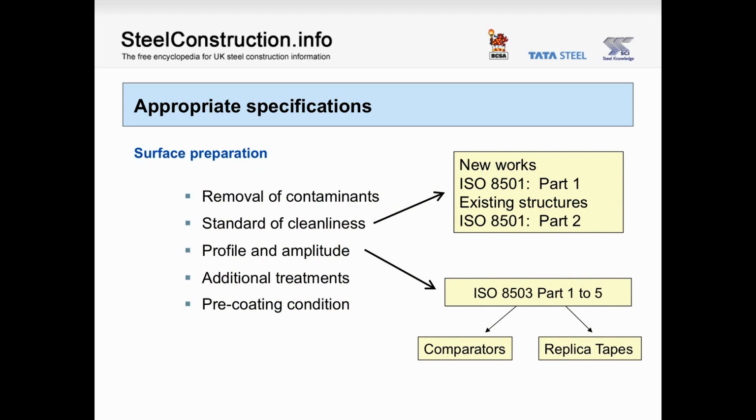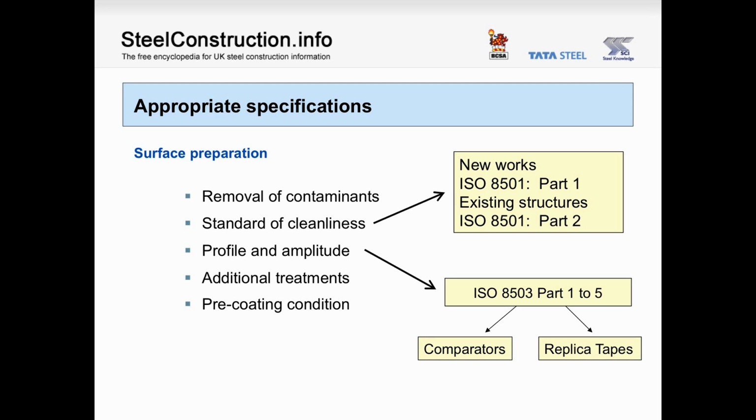Looking at surface preparation, as described previously, the preparation will be key to the success of any coating applied to the substrate. It is important to ensure that all contaminants are identified and with a suitable method of removal. The standard of cleanliness should also be quoted, for example SA 2.5.